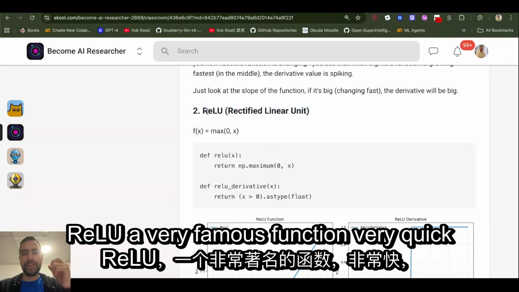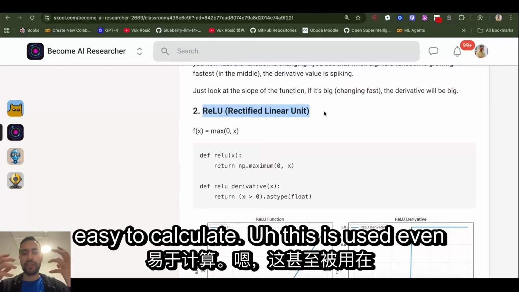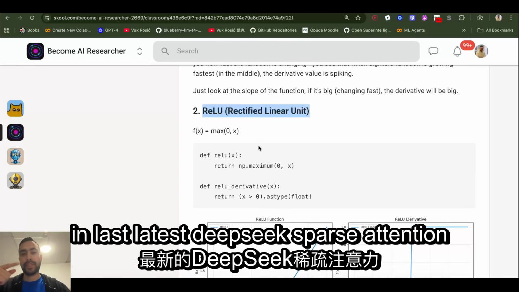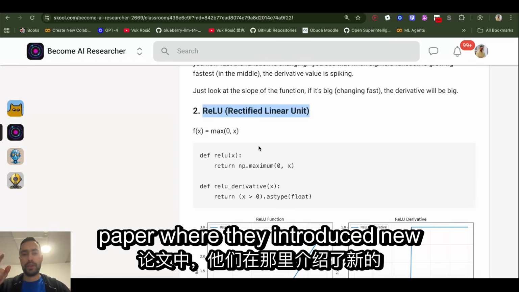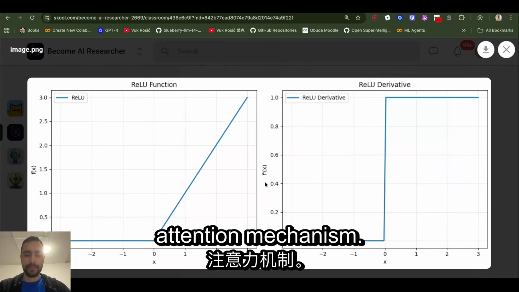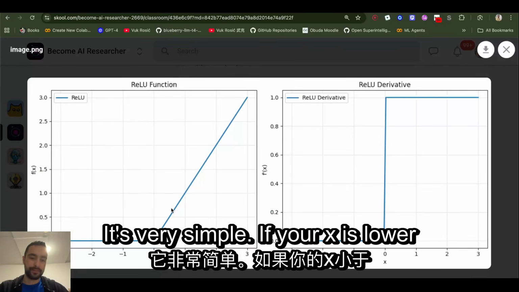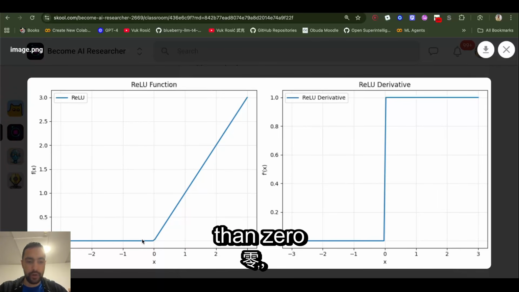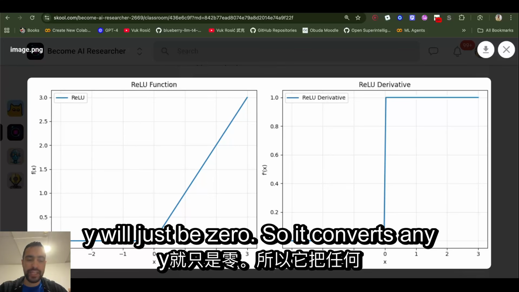ReLU, a very famous function, very quick, easy to calculate. This is used even in the latest DeepSeek sparse attention paper, where they introduced a new attention mechanism. It's very simple. If your x is lower than 0, y will just be 0.